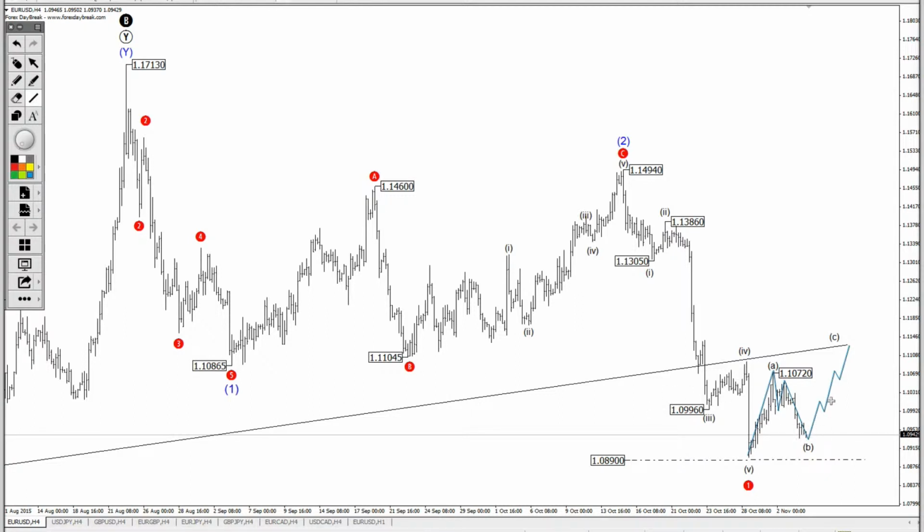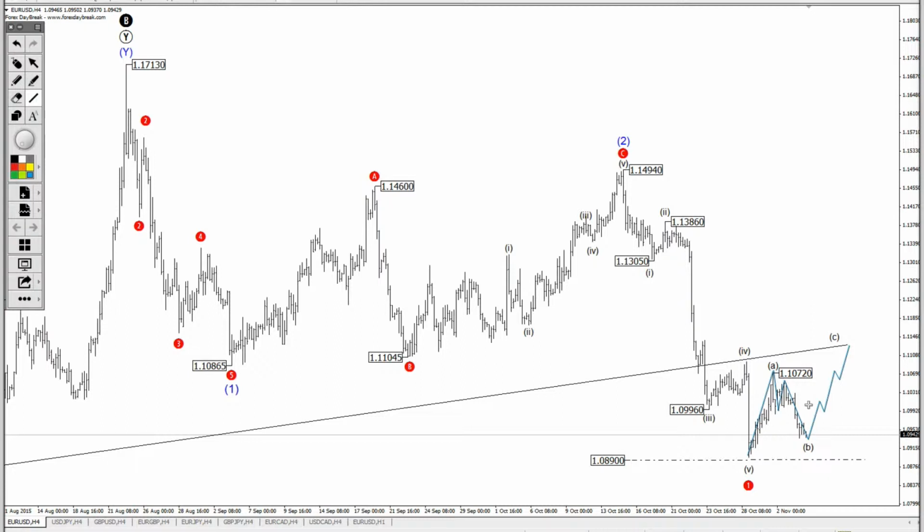So I'm looking for a trade to the upside on this. So when I see a small degree 5-wave structure or price action that would signal that we are going to get one more leg higher, I'm going to enter a buy order here.